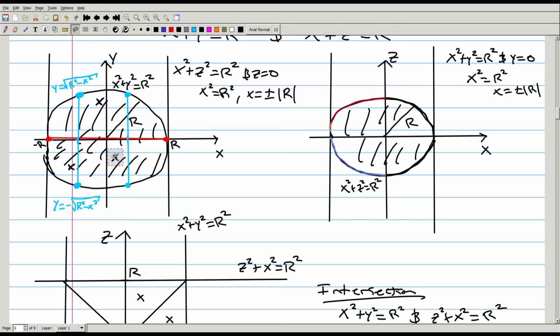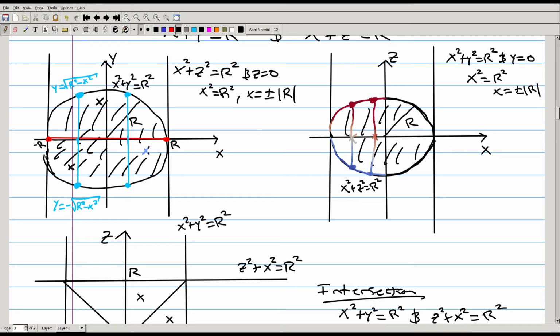So any one of these points in this region R, say this point corresponds to about right here. The upper and lower bound for z are going to be determined by this surface right here. This point right here corresponds to around here in the cross section, just going to be governed by this upper bound and this lower bound.